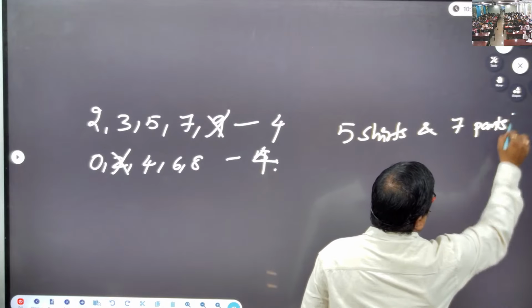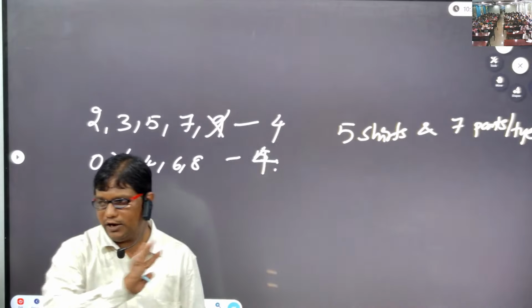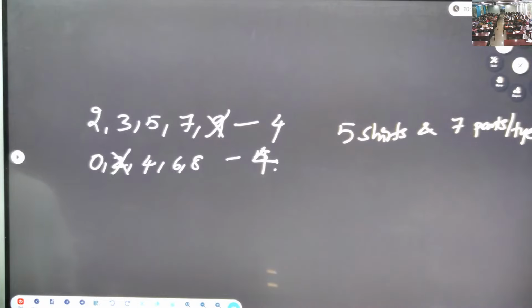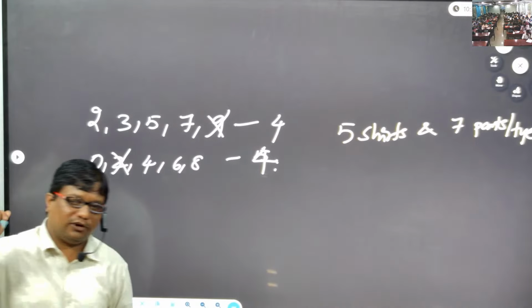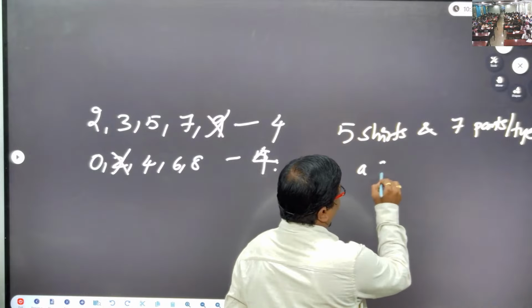Pants or ties, whatever you want to write, you can write. How many ways can a person choose a shirt and a tie? A shirt and a tie.